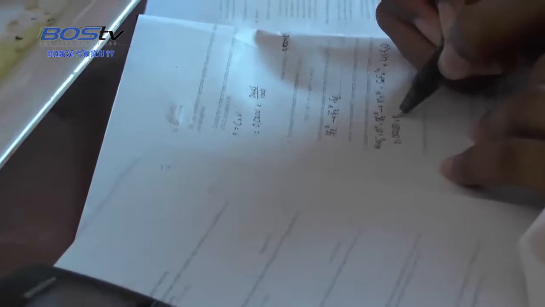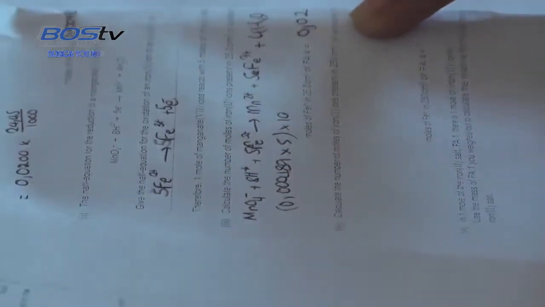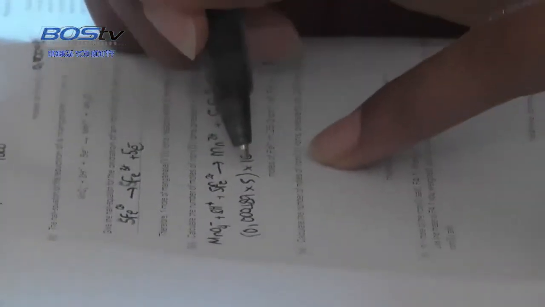So on item 4, you multiply your number of moles of Fe2 plus by 10. Then you get this, 0.02. Calculate the number of moles of iron. We're supposed to get it in 250, so we weren't supposed to multiply by 10.